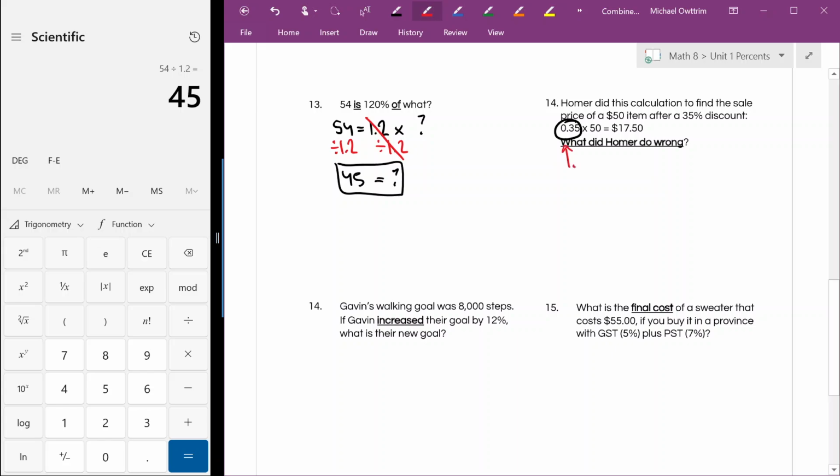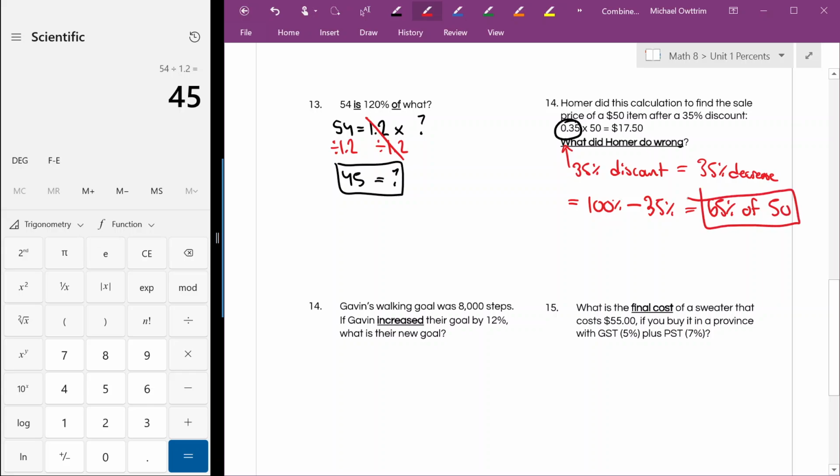When we have our 35% discount, that is equal to a 35% decrease. Now a 35% decrease is equal to 100% that we start with, subtract our 35%, which should give us our 65% remaining. And so the 0.35 should be 0.65.